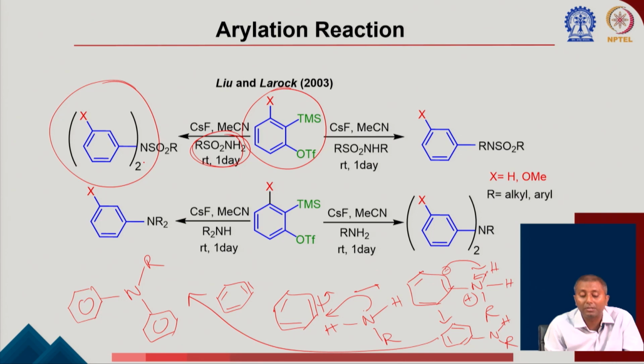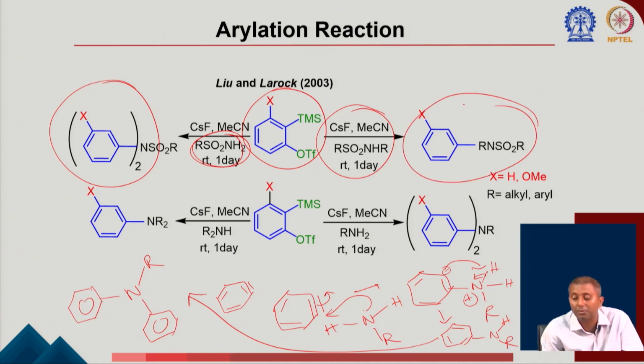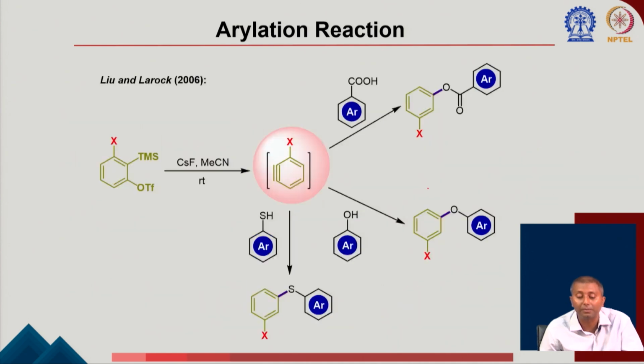You are making the corresponding tertiary amine. And if you started with a secondary amine, then one benzyne is going to get inserted to get the corresponding product. Again, very similar thing here. If you have a primary amine here, you will get two benzynes inserted. So you end up making the corresponding tertiary amine.